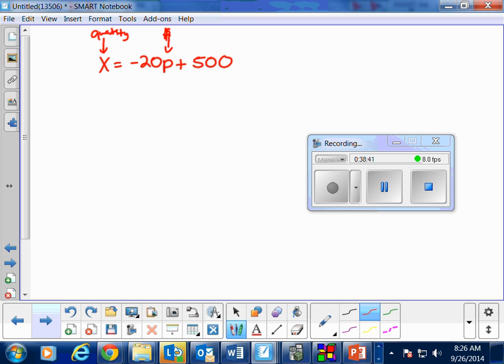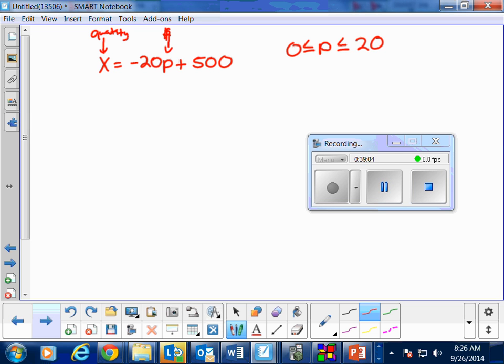And typically you're also going to be given a domain restriction. You've got a demand equation, which is that one, and you'll have a domain restriction regarding the price. So that's the revenue right there. Well, not the revenue, but the units.